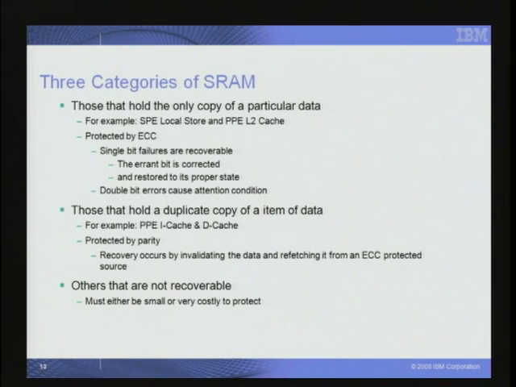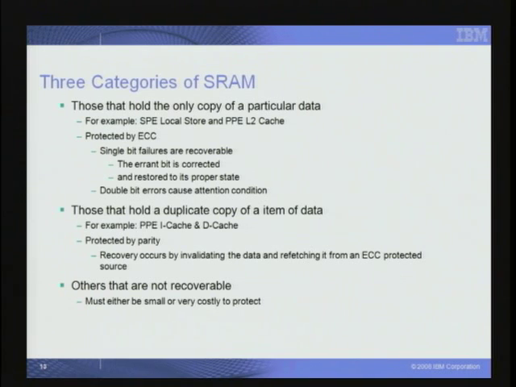On the Cell chip and the PowerXCell 8i, there are 3 categories of SRAM. By and large, those that hold the only copy of a particular piece of data are protected by ECC, so a single bit flip won't bring down the machine. We can recover from that and restore the correct values. But double bit errors, of course, will cause a check stop. There are those arrays that hold only copies of data that can be found elsewhere.